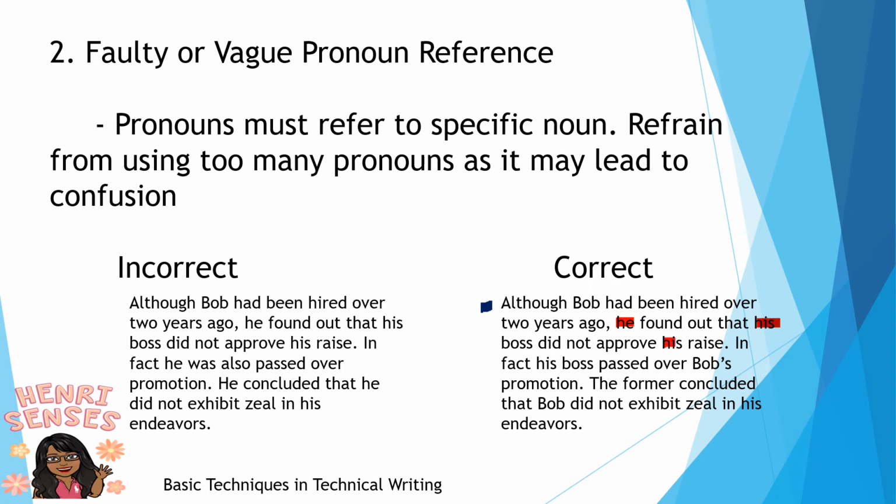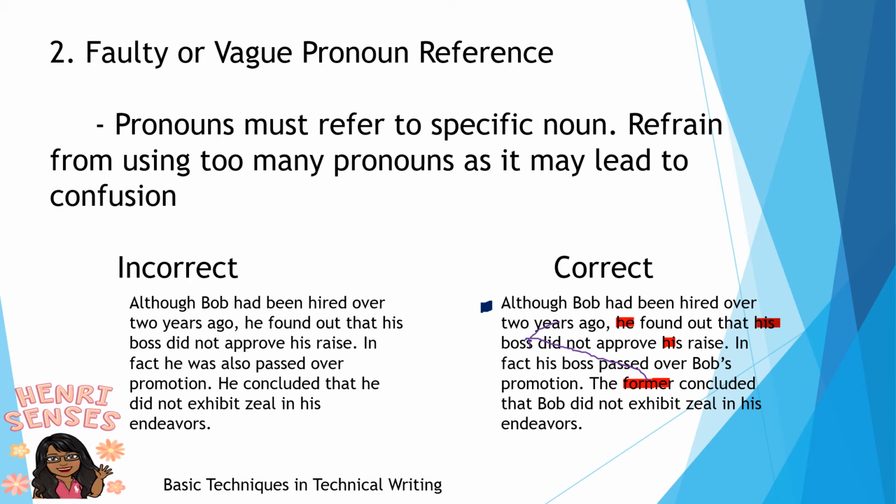In fact, his boss passed over Bob's promotion. The former concluded. Former can mean who? Is it Bob or his boss? When we say former, it means the previous person or the previous thing that has been mentioned. So this refers to the boss, right?